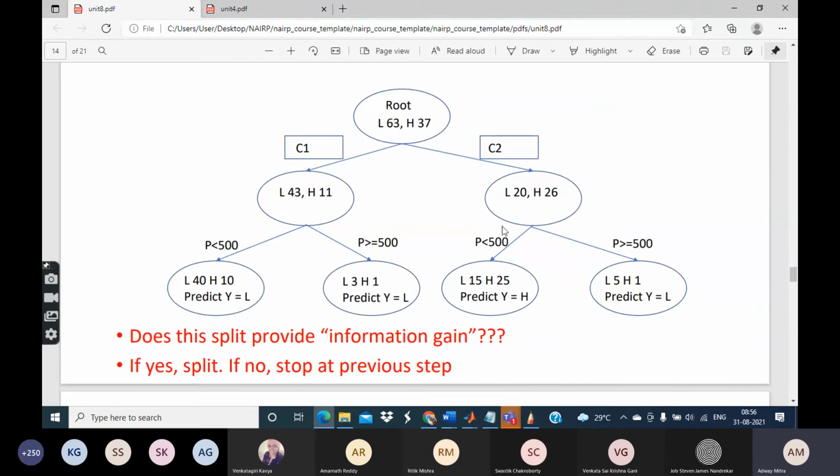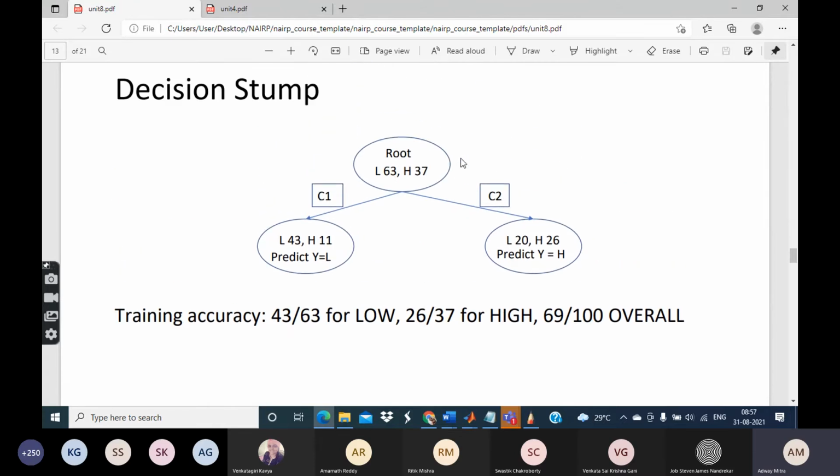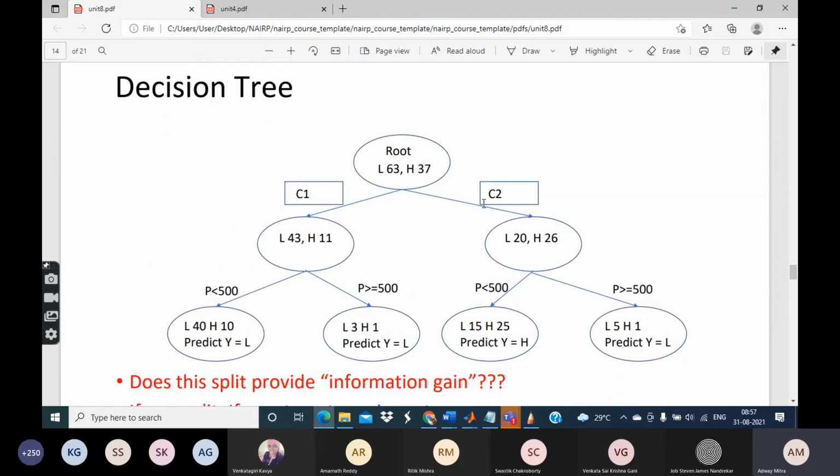So this is what we had done for the decision stump algorithm, that is, split with respect to a particular feature and stop there. But if we go on splitting with respect to other features also, I may be able to get higher accuracy.